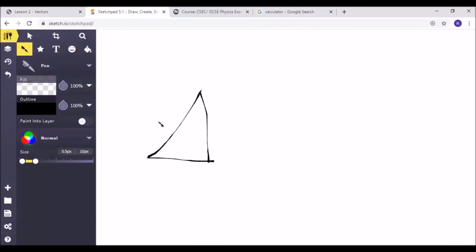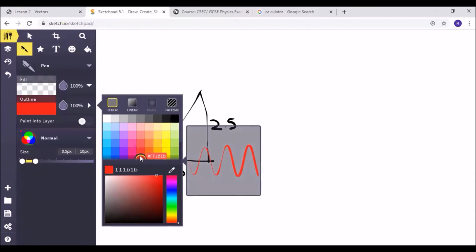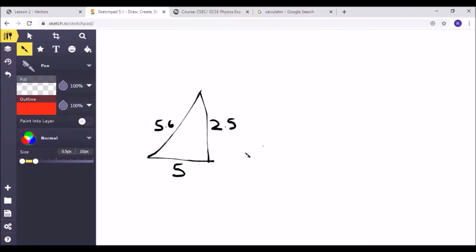So 5.6, 2.5, and 5. So we need to find theta, which is this angle.